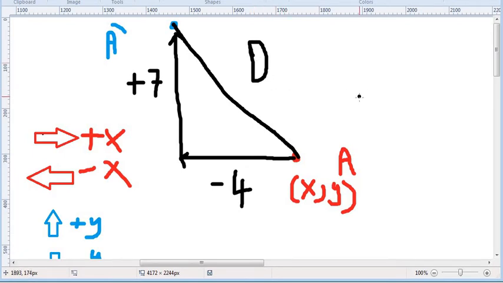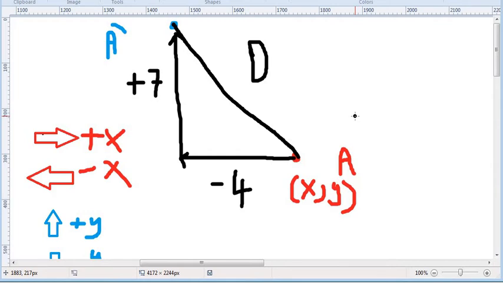Now remember, we don't know the exact numbers for x and y, or x minus 4 and y plus 7. We don't know the exact numbers. But whatever number x is and whatever number y is, A dash is always going to be 4 units to the left and 7 units upwards from the point A, the original point.